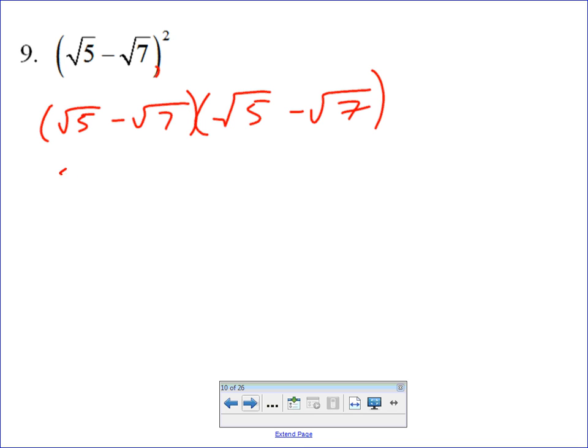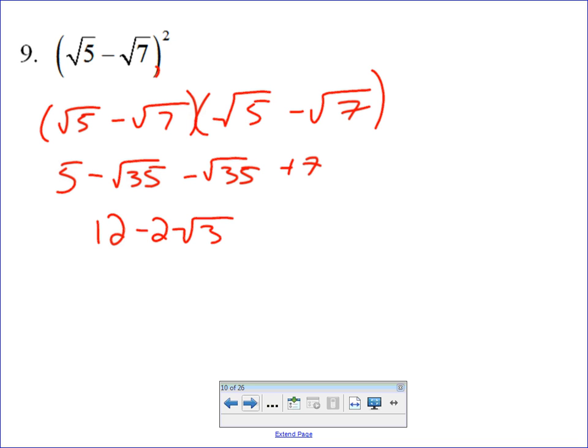So what you'll end up with is 5 minus the square root of 35 minus the square root of 35 plus 7, or 12 minus 2 times the square root of 35.